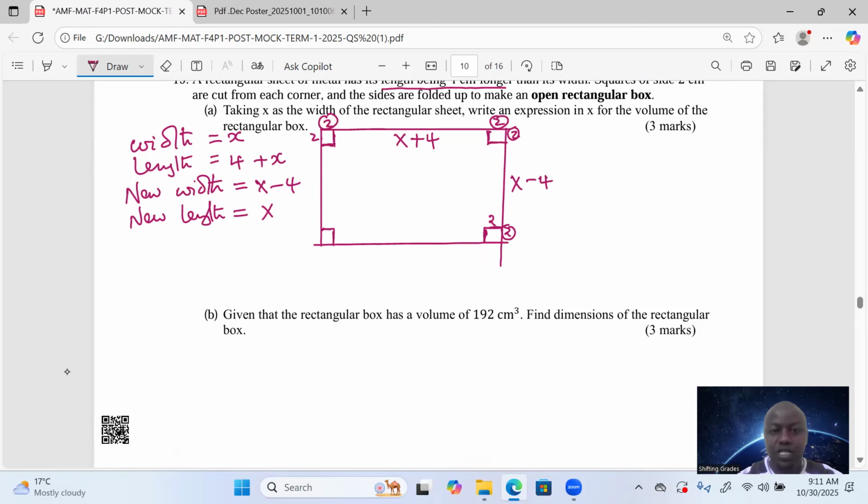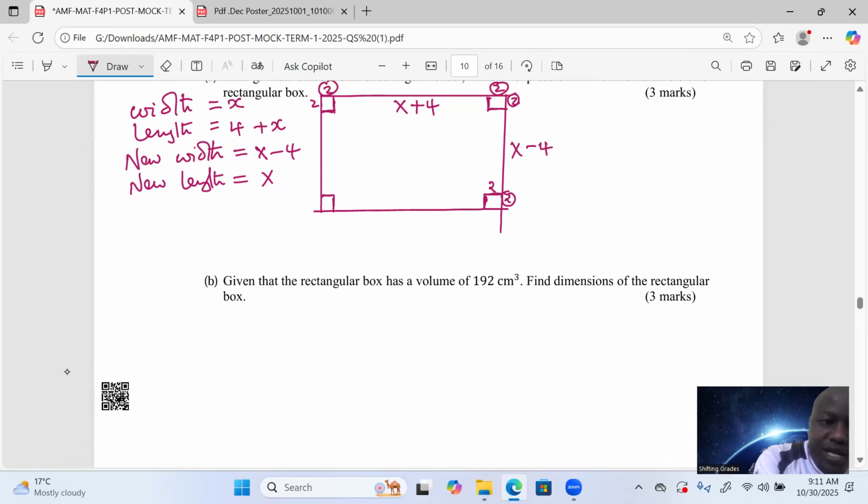So when you fold, you get a box which is rectangular based and has a height of 2. The 2 here becomes the height, but the rectangular base has the measurements of the new width and length. Therefore, the volume shall be length times width, meaning x, times width multiplied by the height of 2.